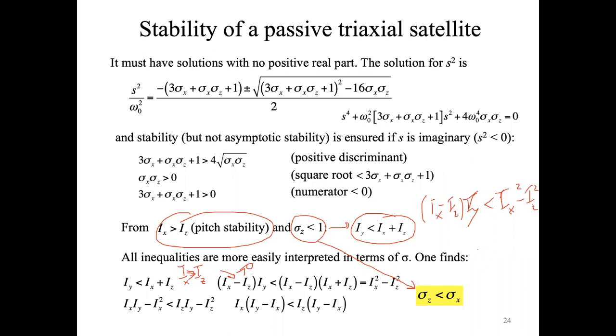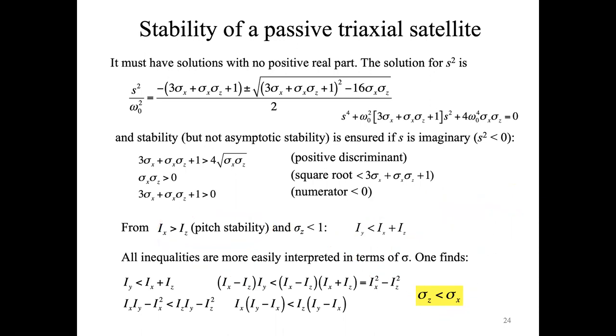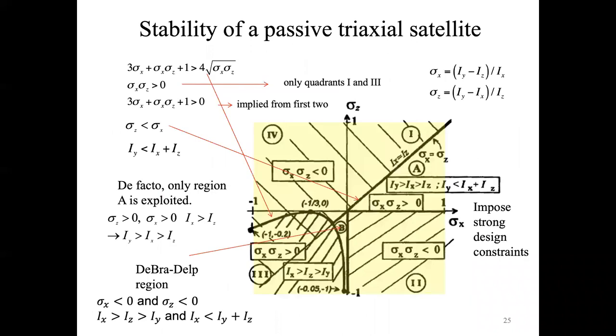We can do that only because this property here is verified. So by transforming a little bit, commutating the terms that you have in this inequality condition, you can finally arrive to that formulation here. Okay, so let's recap that so we can go to the examples.